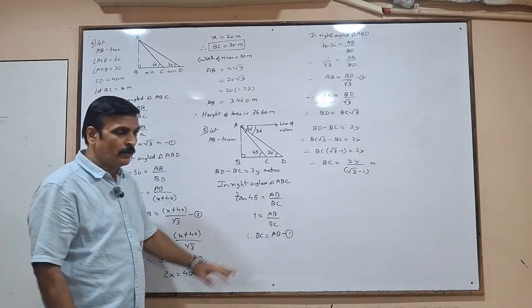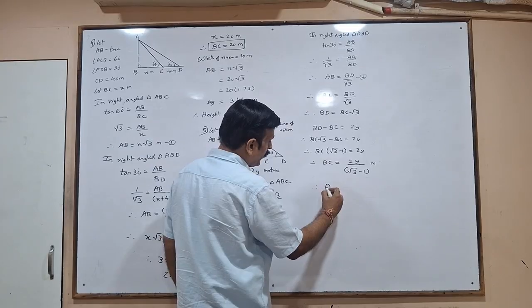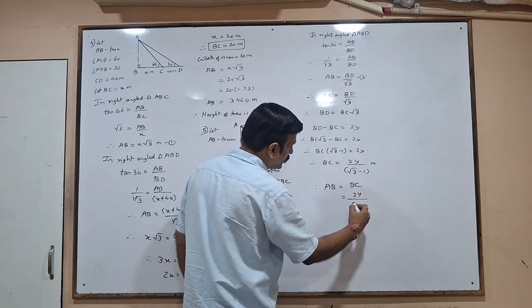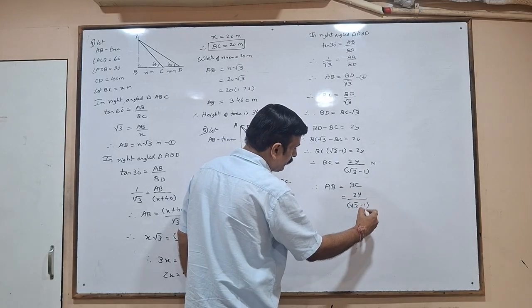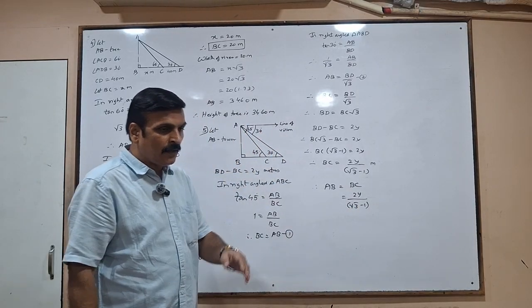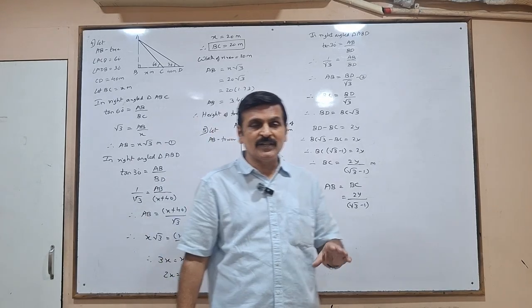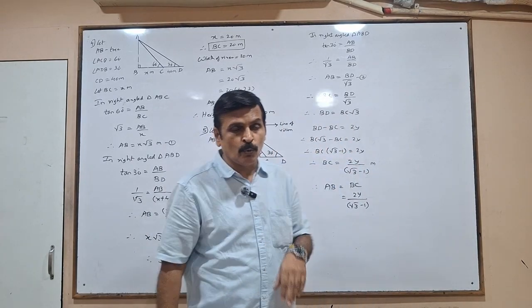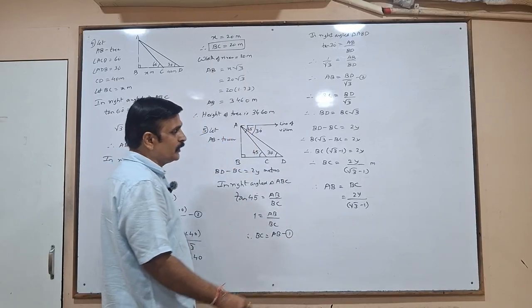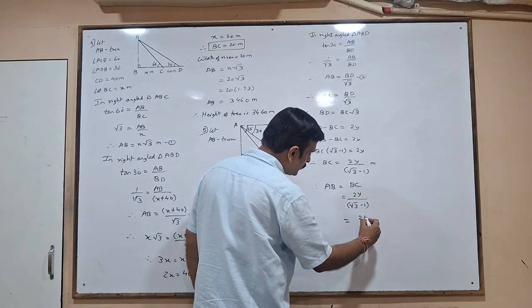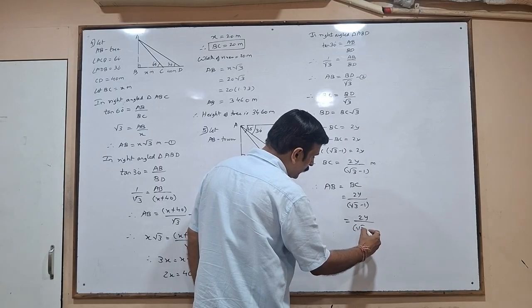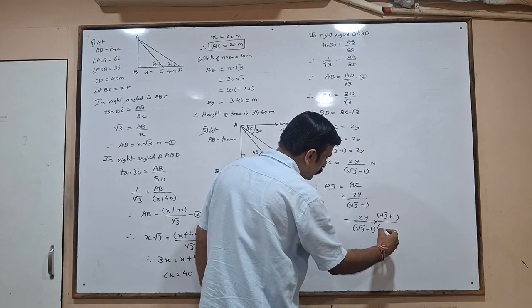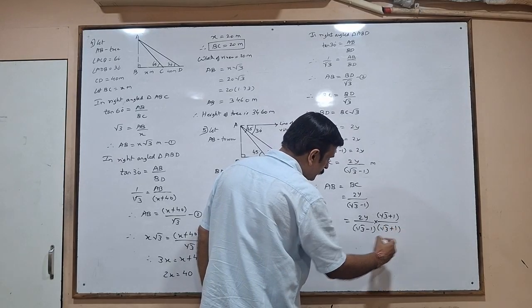We have already found out AB is equal to BC, which is 2y upon root 3 minus 1. But in the question it is stated the height of the tower is y bracket root 3 plus 1, so there is no denominator there. I will rationalize: multiply by root 3 plus 1 over root 3 plus 1.